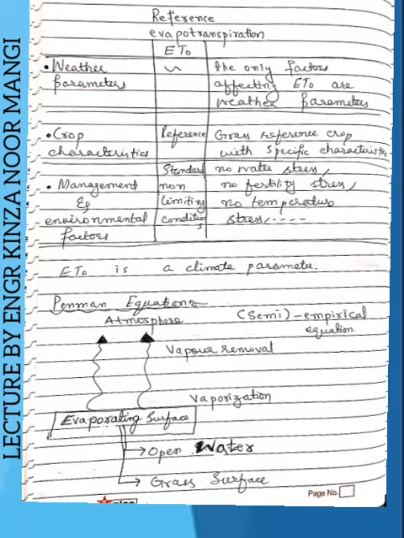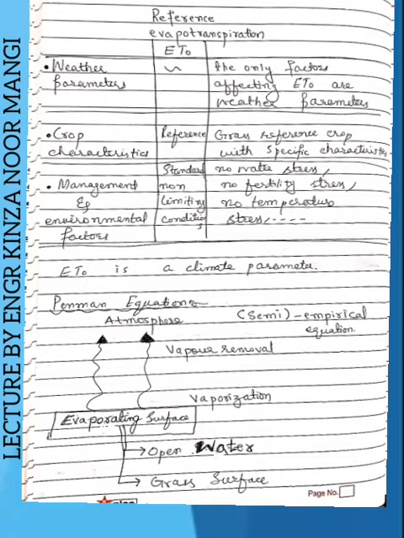He determined the vaporization and water removal in the atmosphere through his equation, but some variables in his equation were unknown, which is why it is called a semi-empirical equation. Initially Penman used open water as the reference surface, but later on it was changed to grass.